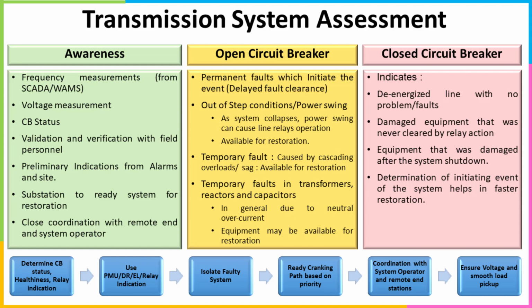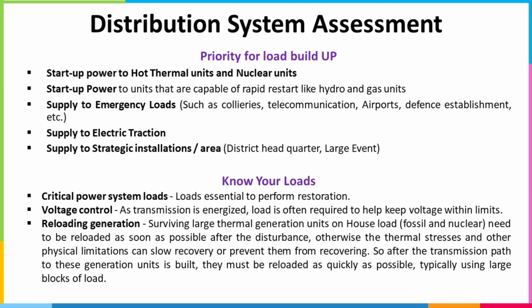Then the last part is the distribution system assessment. Prior to load build-up, you classify your loads: which are critical loads, which are voltage controllable loads, and which generation plant is nearby.